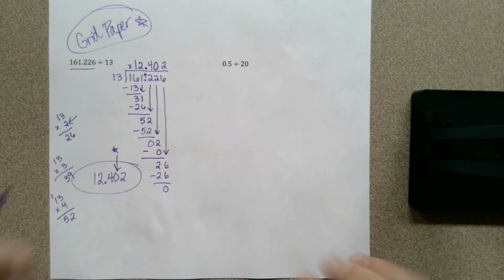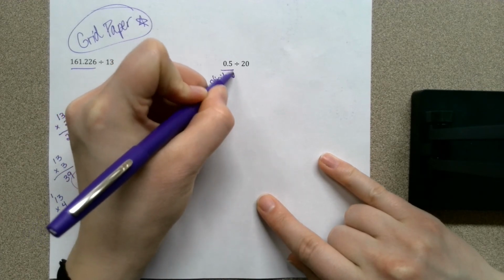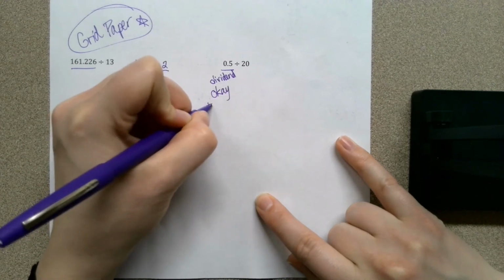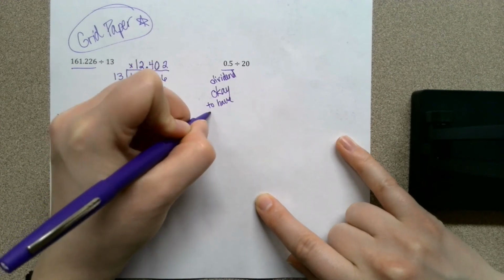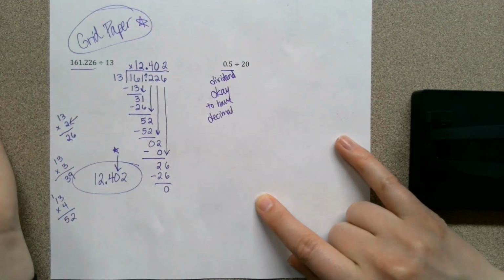In our last example, you'll notice that our dividend has a decimal, and that is okay. That's what we've had all along.